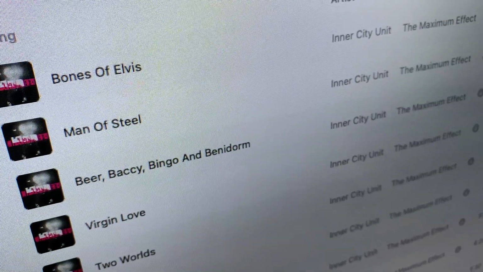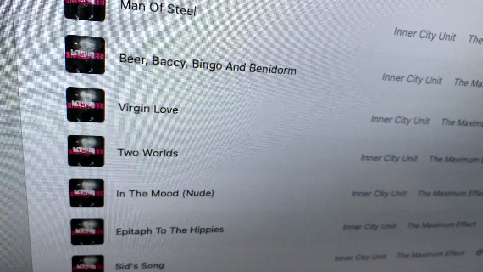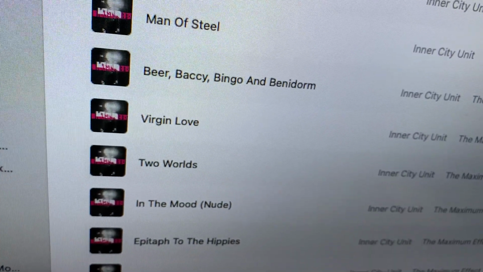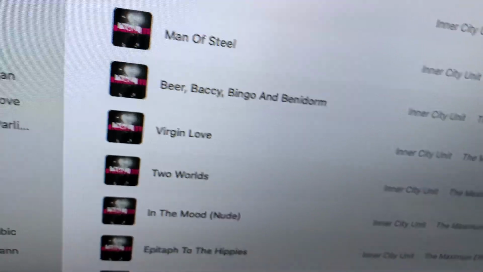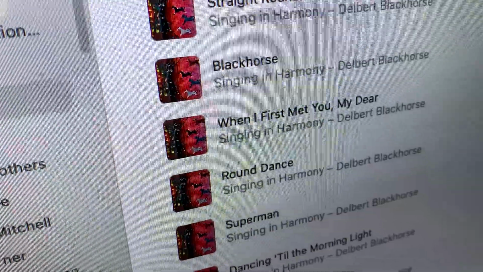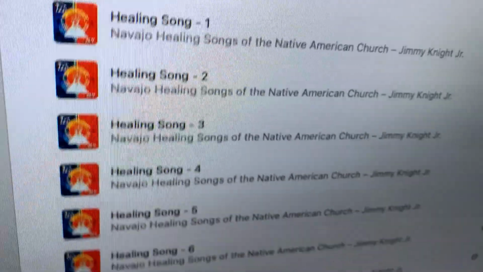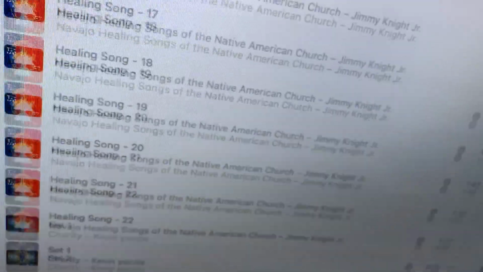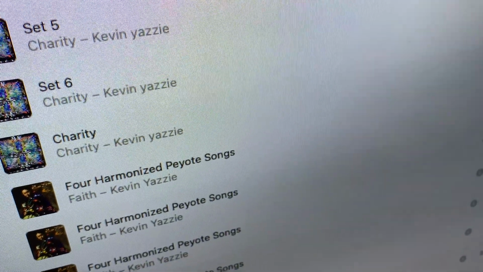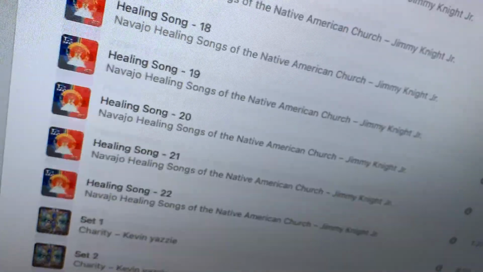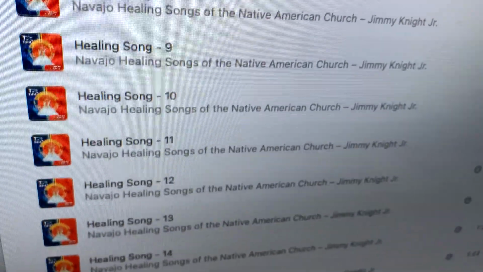because, let me see if I can find the Navajo playlist before I start talking about it. Oh, we're on it. No, we're not on it yet. We're on Inner City Unit. All right. So I added some pieces recently. I added some pieces of Kevin Yazzie's, and adding pieces in the Kevin Yazzie playlist changes the Navajo playlist, right?